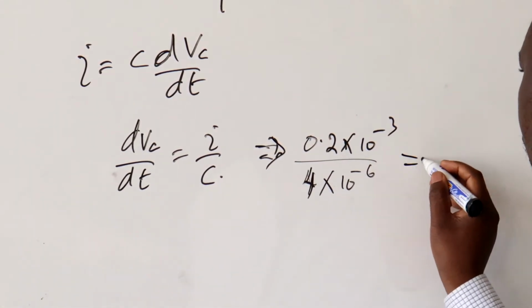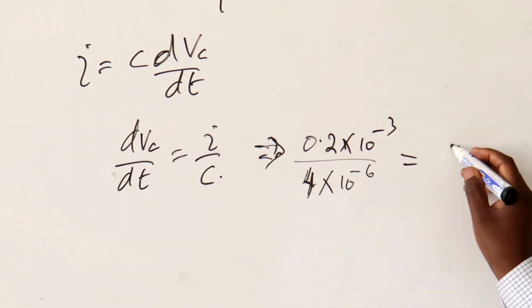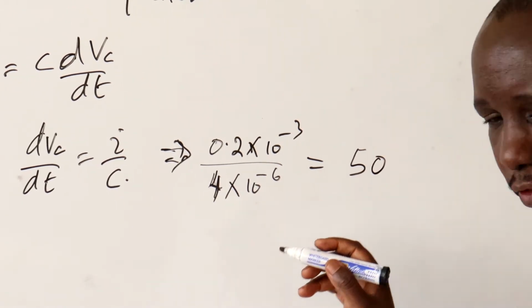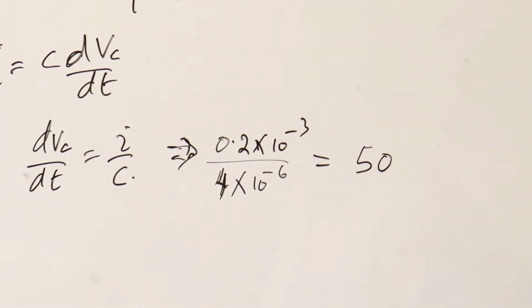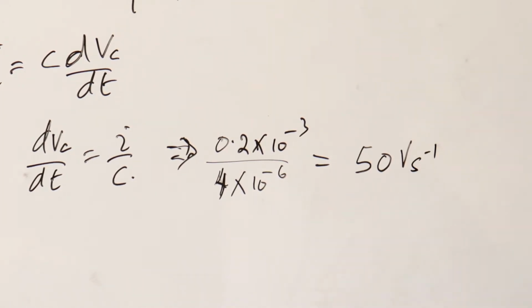Then we shall have this as 50 volts per second, that is 50 V s to the power minus 1.